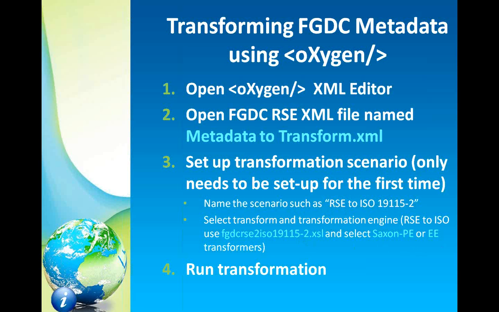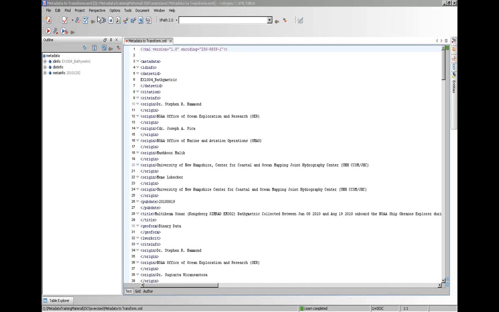Altova XML Spy automatically selects that and does that for you. Oxygen gives you the flexibility to choose which transformation engine you want to run. And then you run the transformation. All right, here's the same record opened up in Oxygen. Again, this is an FGDC remote sensing extension record.